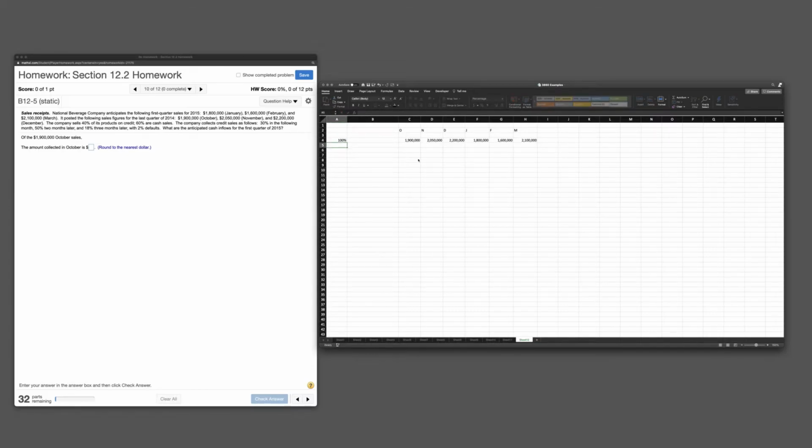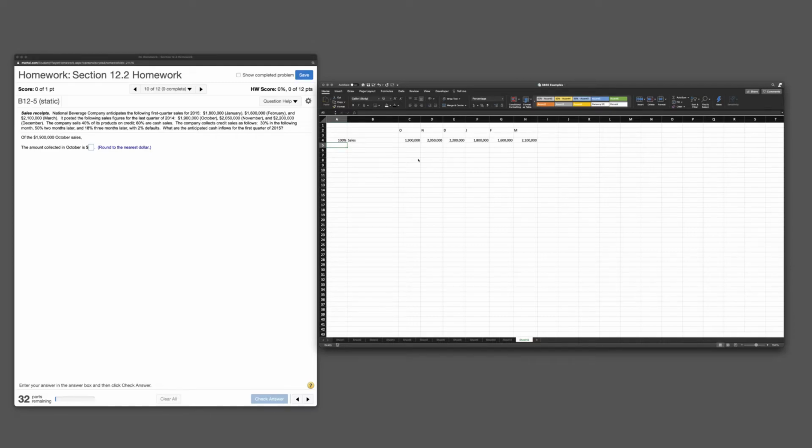Now again, you can set yourself up any way you like. I'm going to try setting it up this way. If you want to move the credit or the sales around, that's up to you. So next category we want to consider: ultimately what we're doing is figuring out how much of those sales are on credit versus cash.